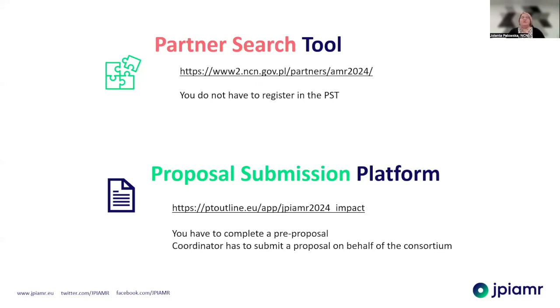You have to complete a pre-proposal, as Ronit has already said, and by completing a pre-proposal as a partner, we mean that you have to be featured in the tables, complete the description of your tasks, and sign a letter of intent, but it is the coordinator of the consortium who has to submit this proposal on behalf of the consortium. But to do that, you do not have to register in the PST.